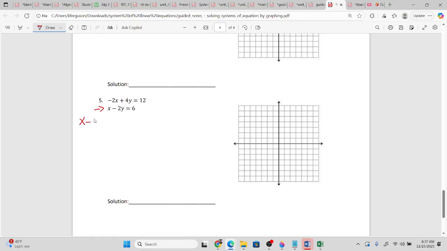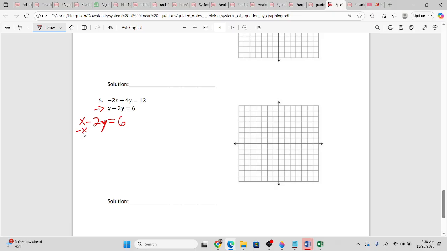I've got x minus 2y equals 6. What's the first thing I should do? What step do I need to take first to get y by itself? Not exactly. I'm going to subtract x from both sides because I want to get y by itself.